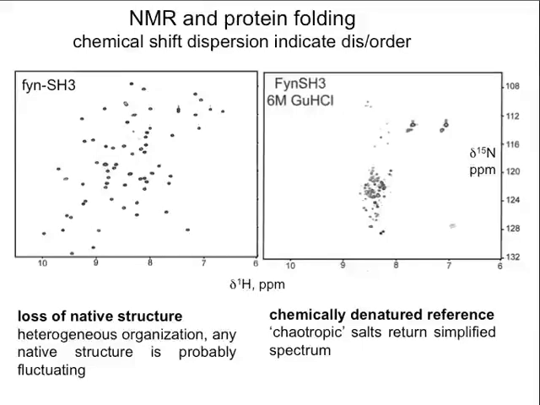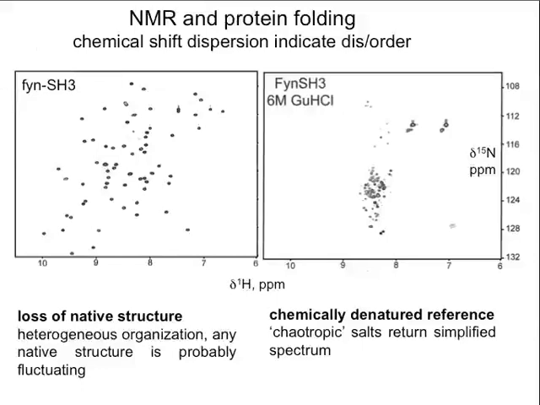We lose those unique environments when we unfold the molecule. Effectively, all the nuclei are exposed to the same chemical environment, and we get a much more simple two-dimensional NMR spectrum. So I remind you that what we're looking at here is a 2D NMR spectrum, protons on the x-axis, nitrogen frequencies on the y-axis. So again, a fingerprint of all of the nitrogen proton pairs in this particular molecule, FIN-SH3.